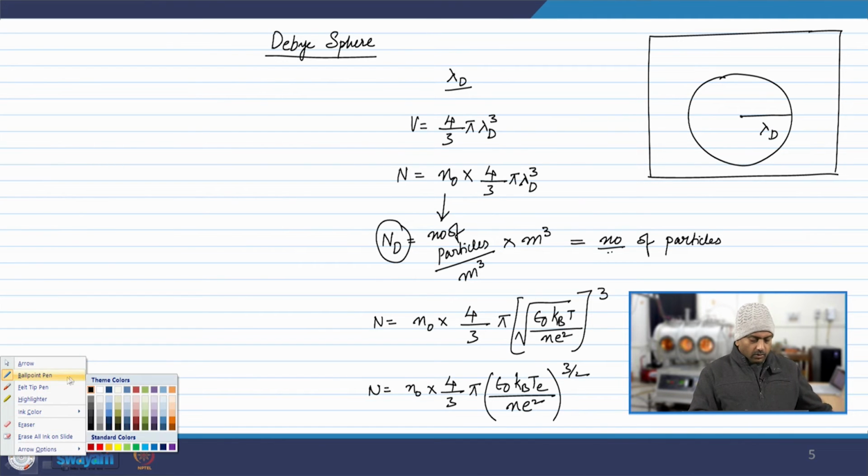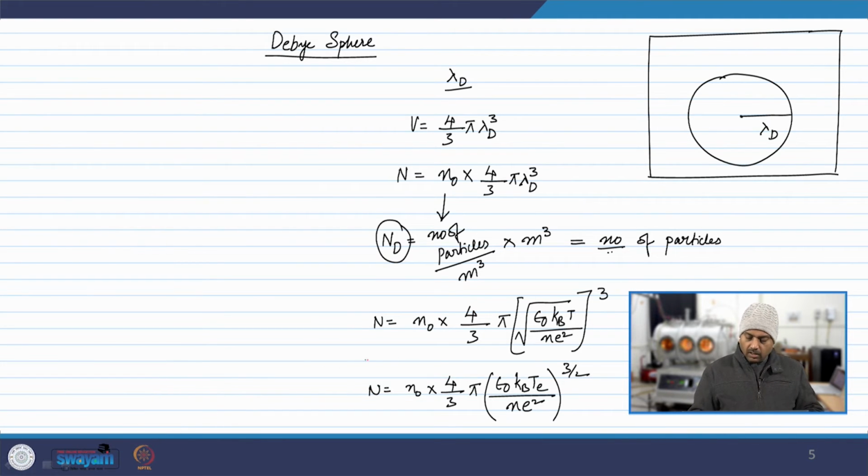This will tell you how many particles are there inside the Debye sphere in a three-dimensional construct.